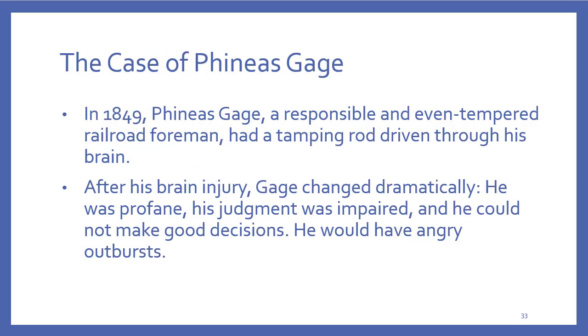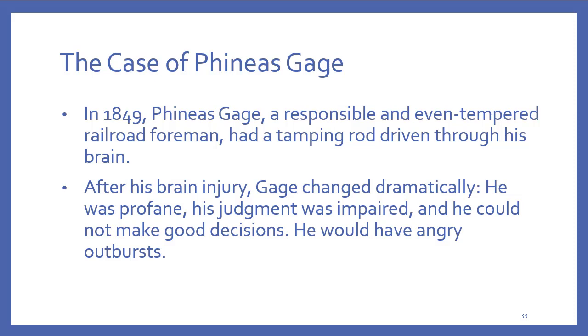You may have heard of this, especially if you've taken an intro to psych class or an AP psych class. There was a case of Phineas Gage, and in the mid 1800s he was working as a railroad foreman. They were out building railroads, and he was using a tamping rod, which is a way to tamp down the blasting powder that they would put into rocks to blow them up and get them out of the way so they could continue to put down the railroad.